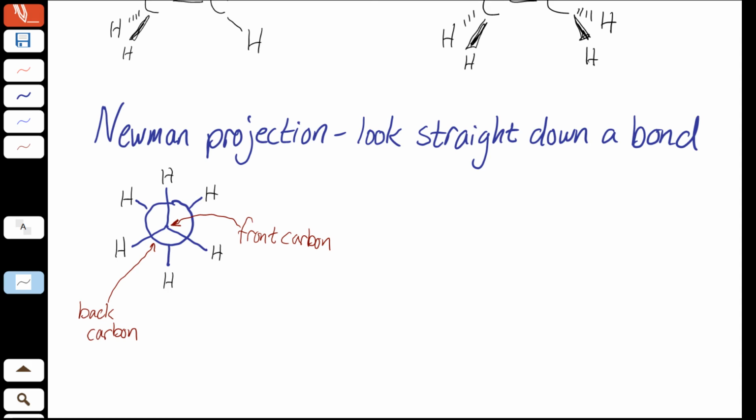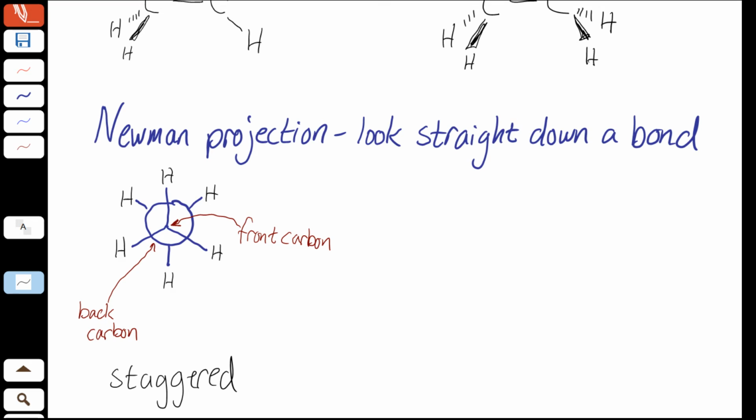So again, as we did before, make your staggered conformation with your model. Look down from one to the other, and make sure that it lines up with what we just drew. So that means you're going to put one of them up. One of the ones in front is going to be up. And you should have something like that, and you should see all of those hydrogens expressed in that diagram.